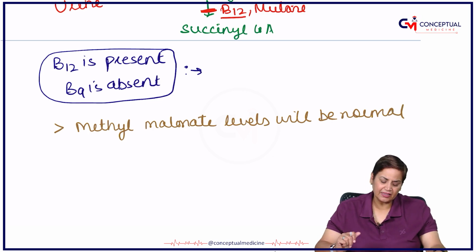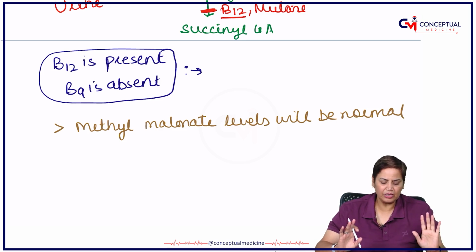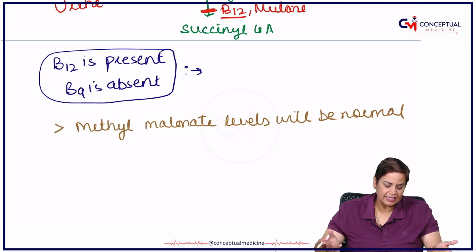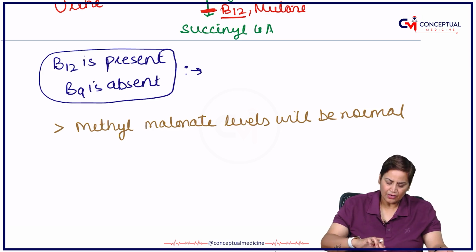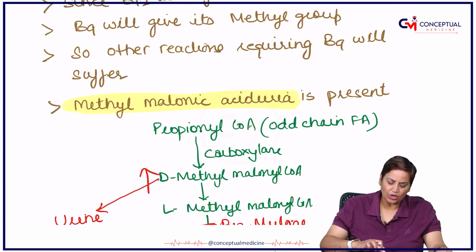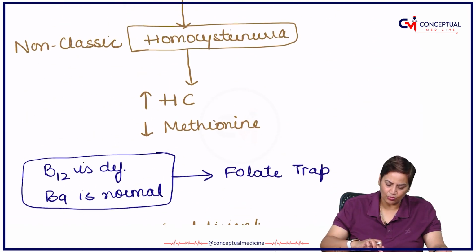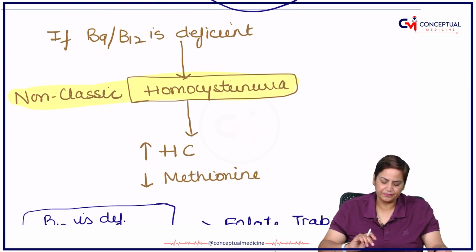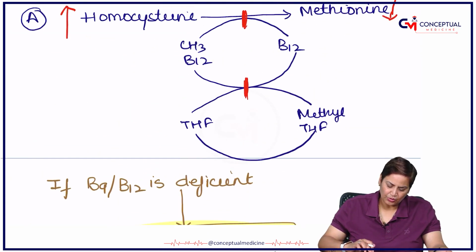So this is the basic difference between B12 and B9, and obviously both the patients will have megaloblastic anemia, because again you can say DNA synthesis will be the one which will be affected. Right. So this is your non-classic homocystinuria, which is due to the deficiency of B12 or I would say B9.